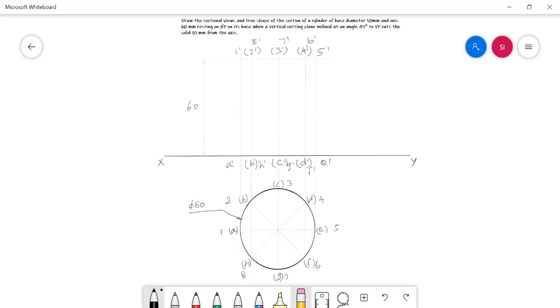So first we need to draw a guide circle just around the axis of the solid with a 10 mm radius.